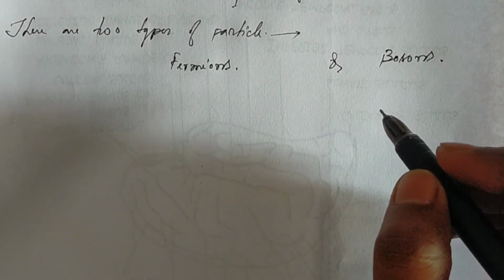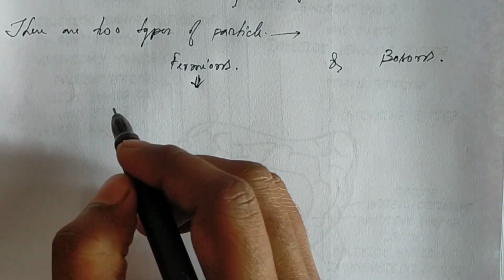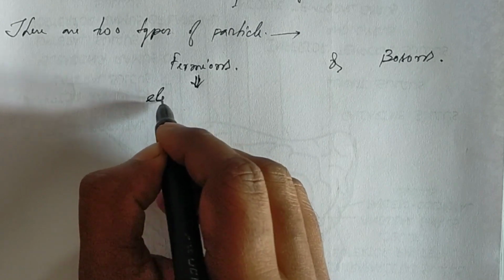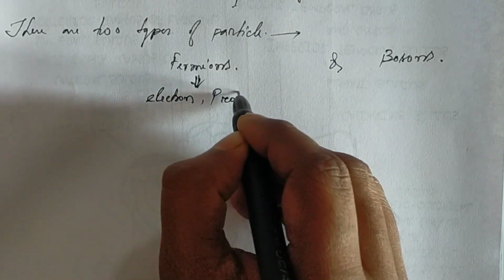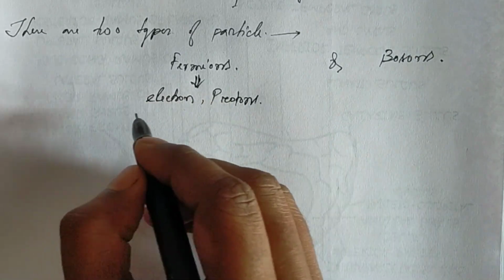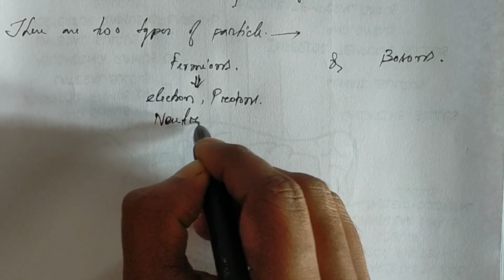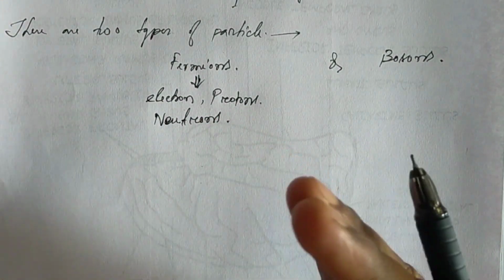Examples of fermions are electrons, protons, and neutrons.